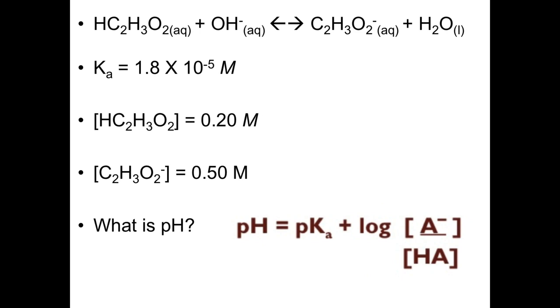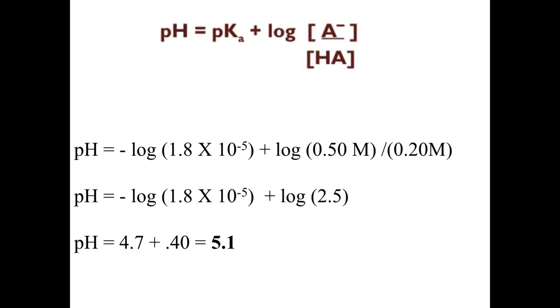We have the Ka value. I'm going to give you the concentrations of C2H3O2 minus as 0.50 and of HC2H3O2 as 0.20. And then the question is, what is the pH? Well, we have the Henderson-Hasselbalch equation, so all I really do is plug everything in. I'll have negative log of Ka, because if we have Ka, we can get pKa.